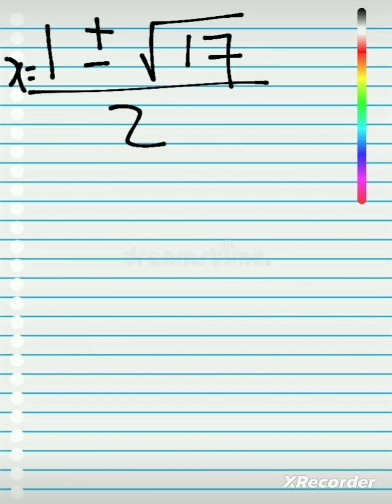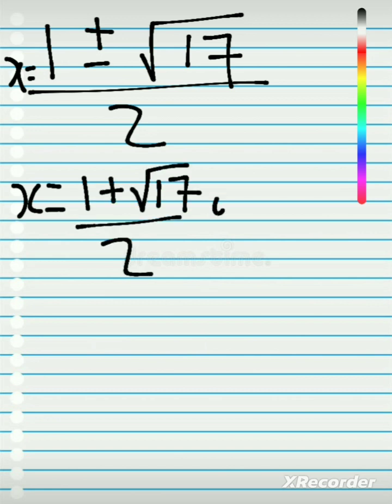Now we can break it into parts so that we don't have this 2 here. So x is equal to 1 plus the square root of 17 over 2, or x is equal to 1 minus the square root of 17 over 2.